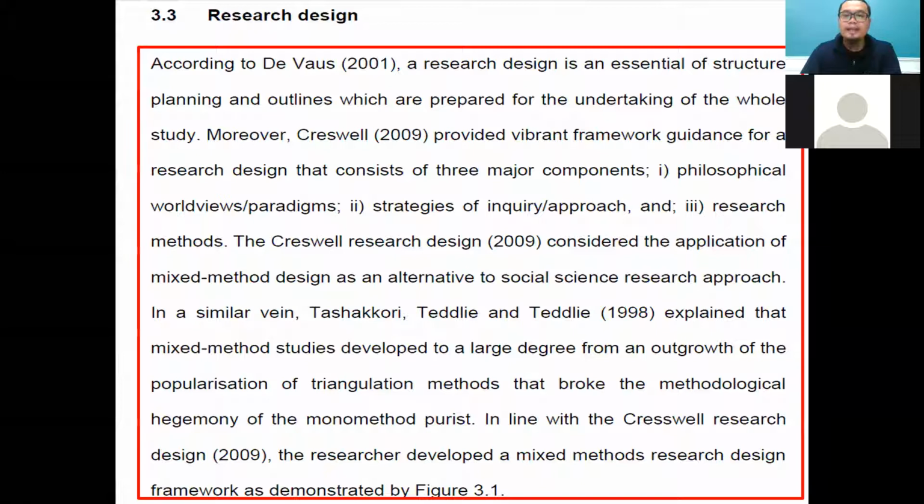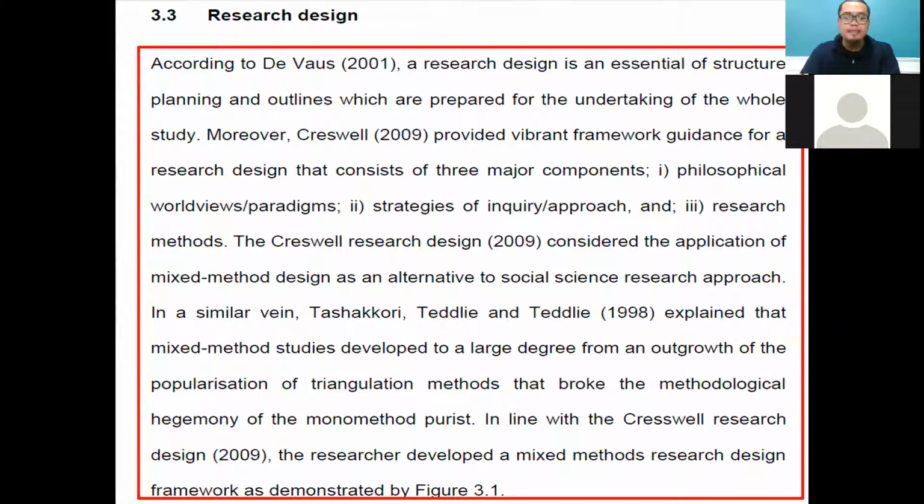Creswell also highlights a framework for guidance on research design. It consists of three major components that we discussed before: philosophical assumptions, strategies, and research methods. Then, Creswell also considers mixed method design as an alternative. Why do they highlight mixed method?